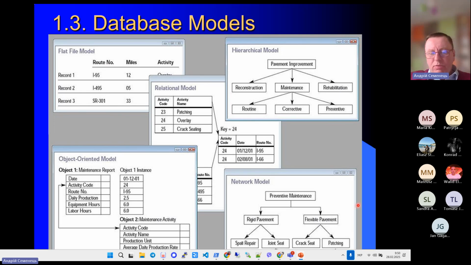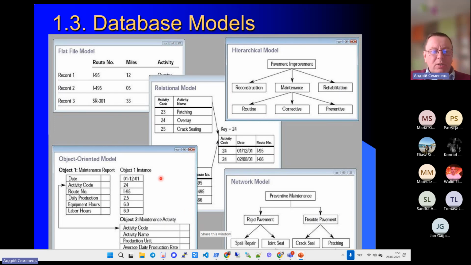The network model allows having many interconnections between different branches. A relational model uses two-dimensional tables, so it allows having information readable by humans.